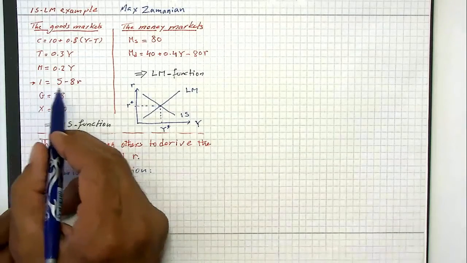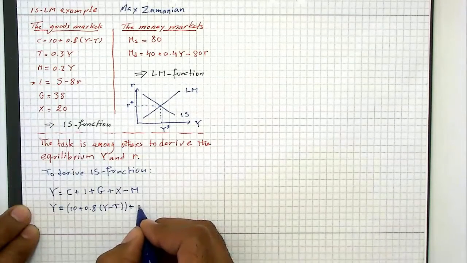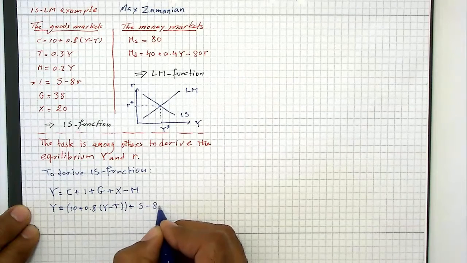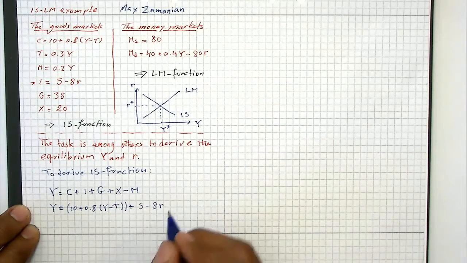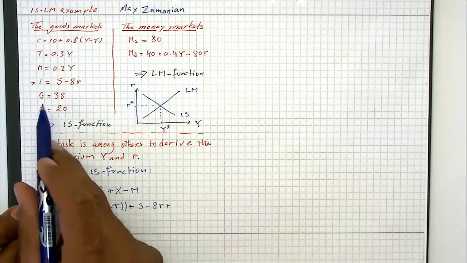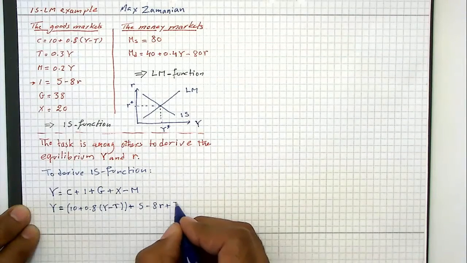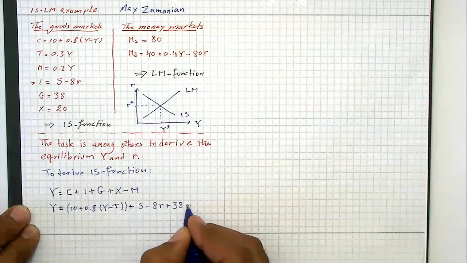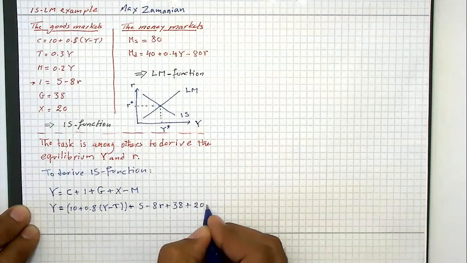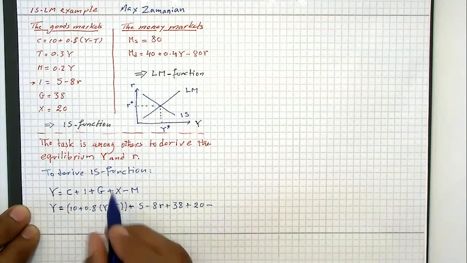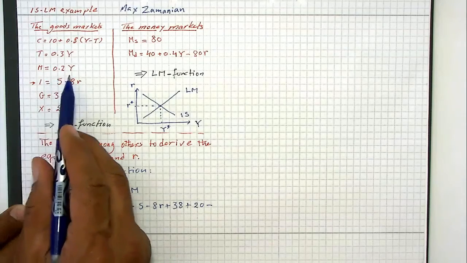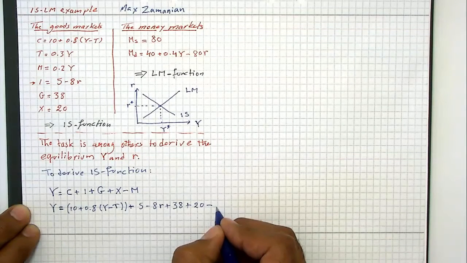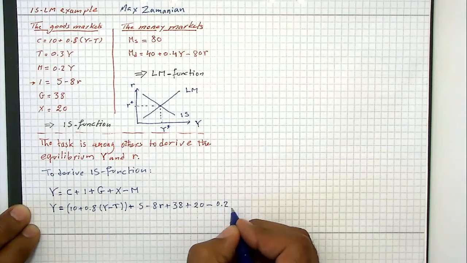The investment function from here is 5 minus 8r, interest rate, plus government expenditure, plus export, minus import, but instead of import we can insert the import function, which is 0.2y.